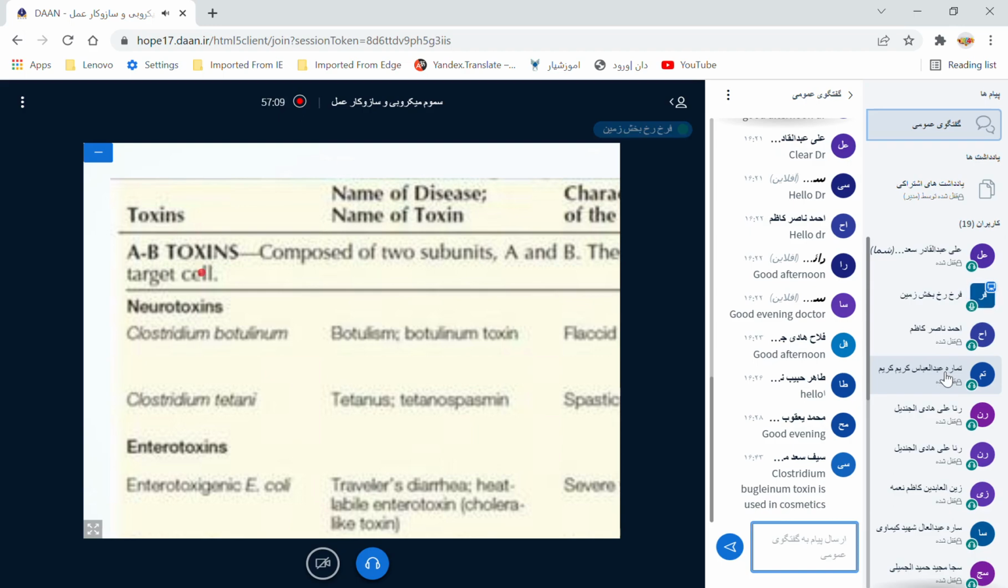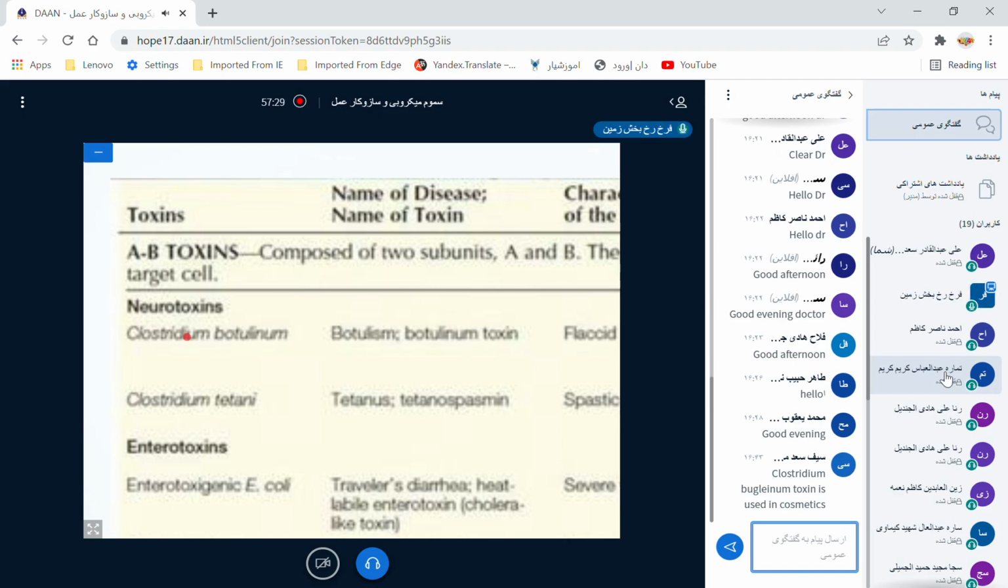Like what? Some neurotoxins are available. What does it mean? They can attack the nervous system, the neurons.